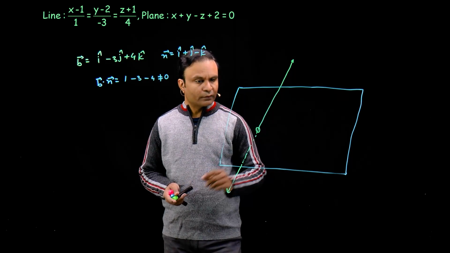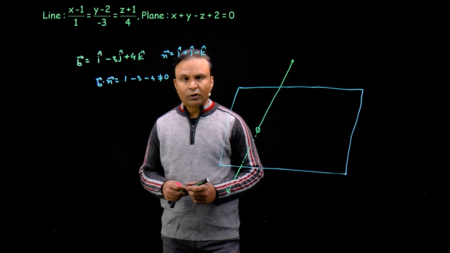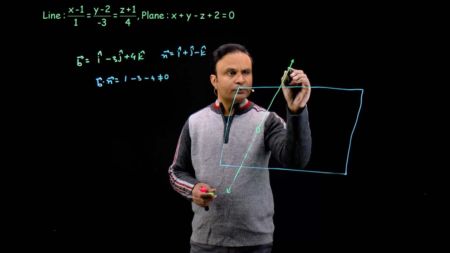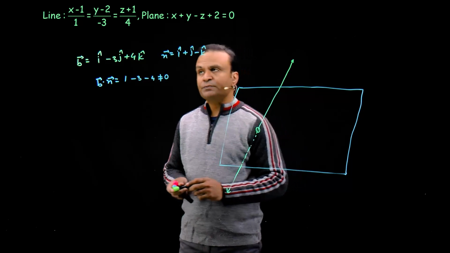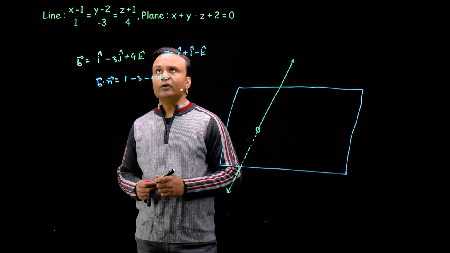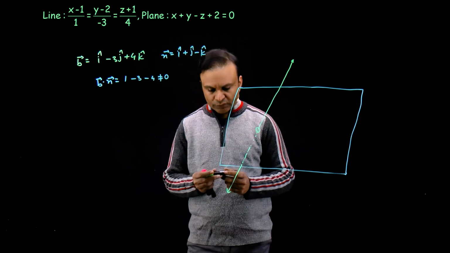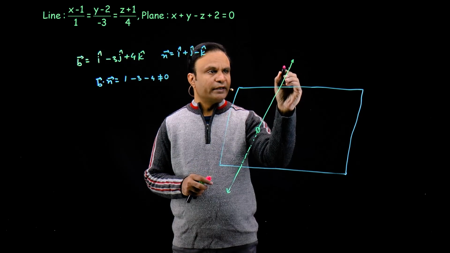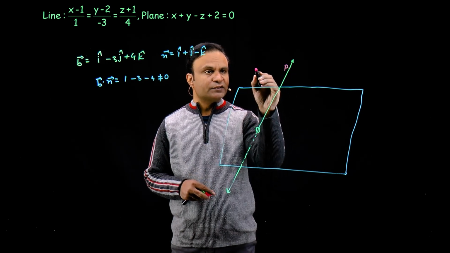Now suppose we want to find this point of intersection. First of all, let's put a point on the line. The line is passing through the point (1, 2, minus 1), so let's put this point. This point is suppose P, through which the line is passing.